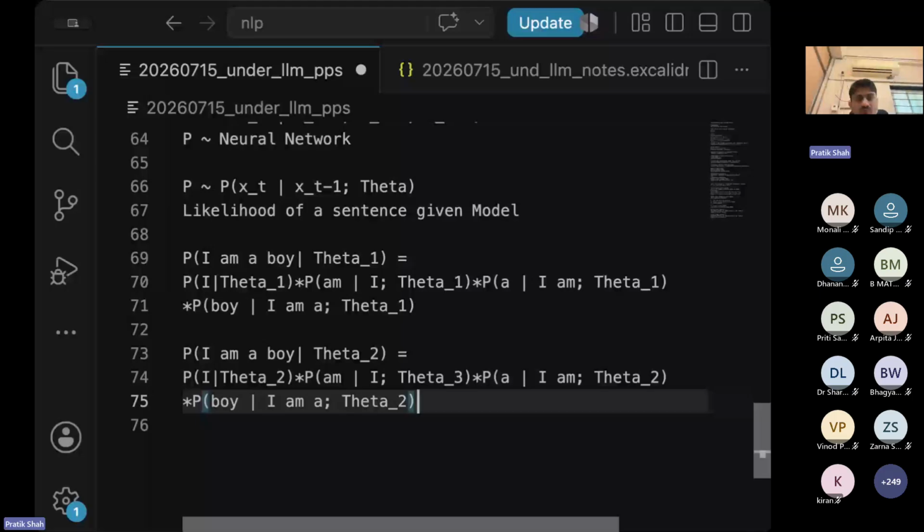Now, what I have done here is I have used the chain rule and I have assumed that this type of model is available. यहाँ पे I am ठीक है. So I can use this model, and if you allow only one transition probability to be stored, I can actually get rid of this: I am a boy.